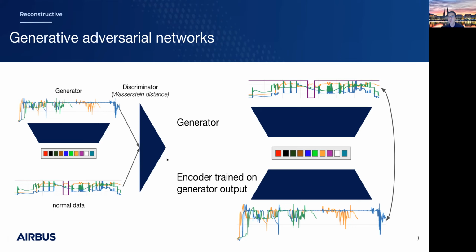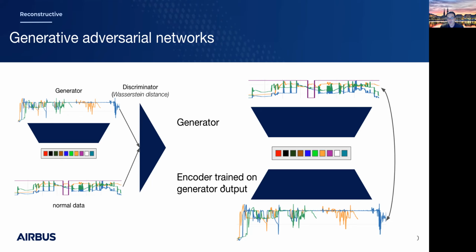So you let them play a lot of time. You compute a special distance between the predictions, and then you have a perfect generator. And you know now that after this training, if you provide a random vector, the generator will generate normal looking time series, a time series which a discriminator cannot distinguish from a normal one.